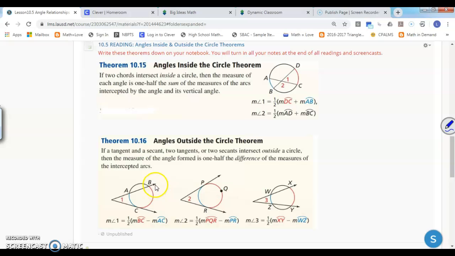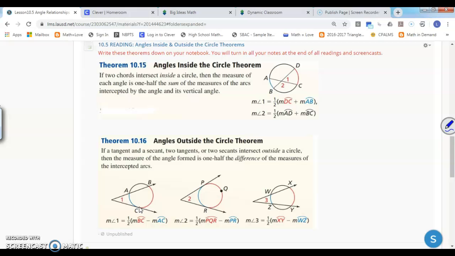So for each angle, it has two parts of intercepted arcs, the red one and the blue one. So if earlier we were adding those two arcs, now we're going to get the difference. And of course, we want the difference to be positive for it to make sense.